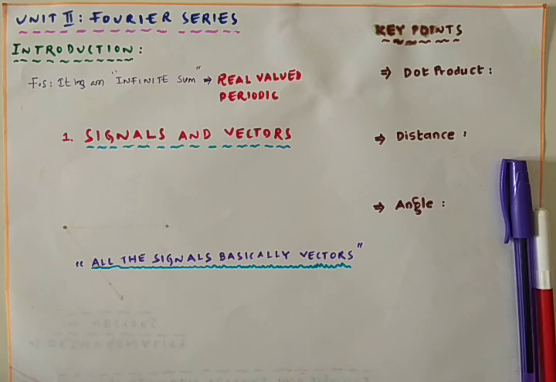I will explain now. As we know, a signal can be represented in terms of orthogonal functions. An orthogonal function is nothing but statistically independent. From the basic definition of a signal, it is clear that a signal is a function of one or more independent variables.